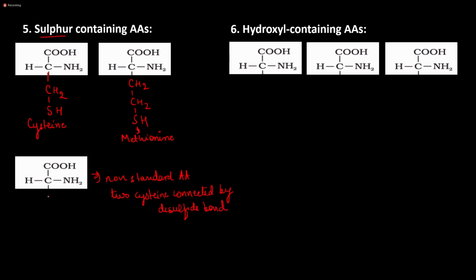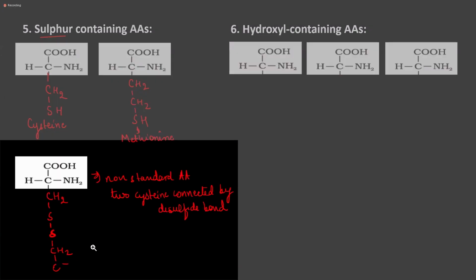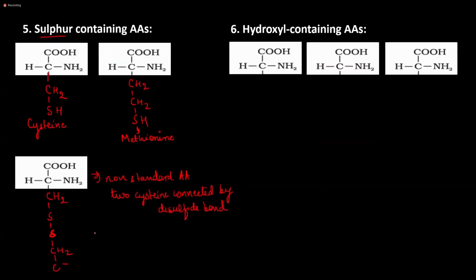So how does this structure look like? You have 1 cysteine, and now you connect it with a disulfide bond. So this is the sulfur of 1 cysteine, and this is the sulfur of another cysteine. It is connected to CH2 and it is connected to the backbone, right?